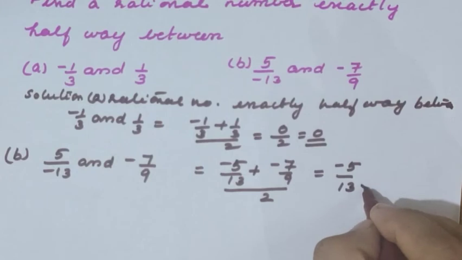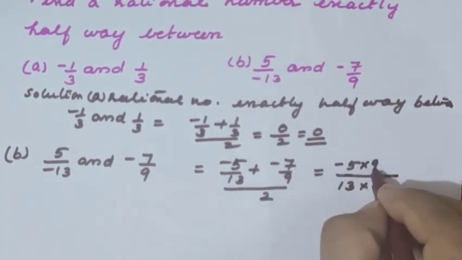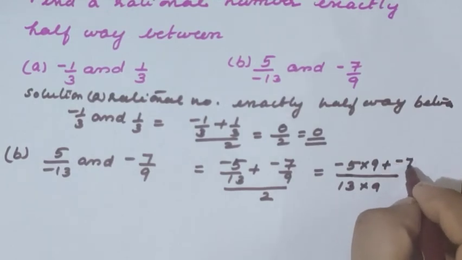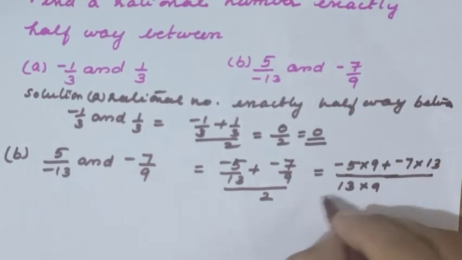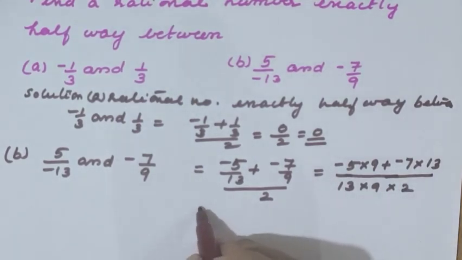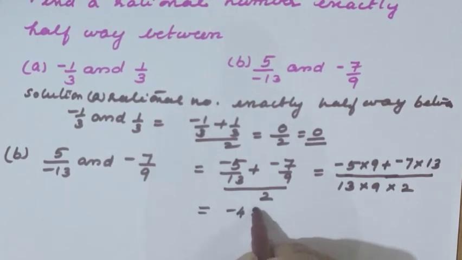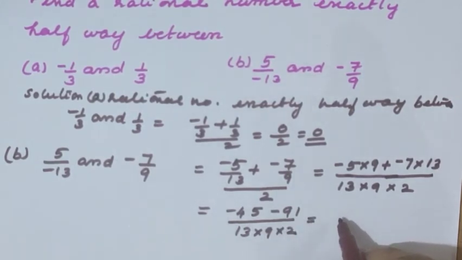So we have to take the LCM. The numerator should be multiplied with 9 and minus 7 to be multiplied with 13. Again denominator 2 is there, so the 2 will come here, right? So minus 45 minus 91, then 13 into 9 into 2. So what is the answer here? Minus 136. If you multiply, you will get here 234.